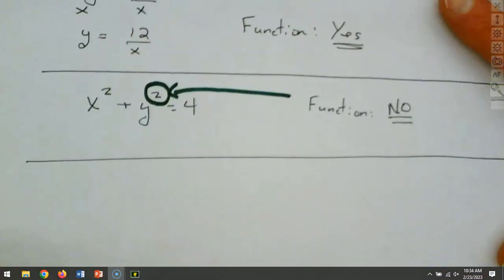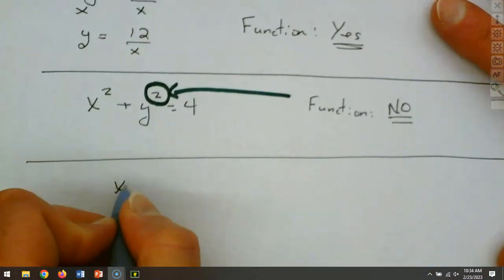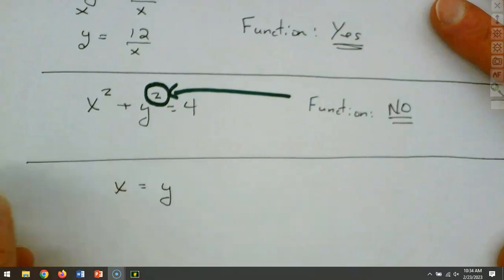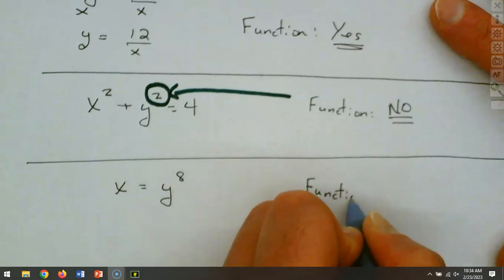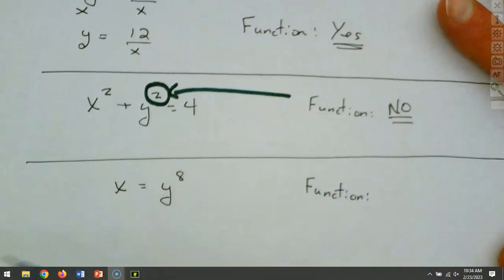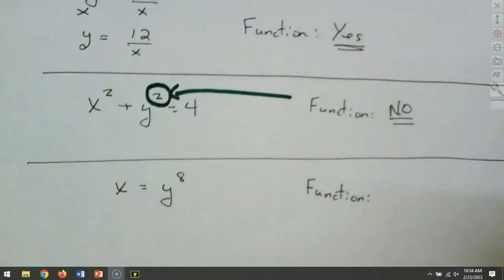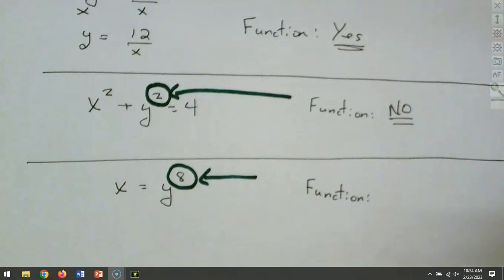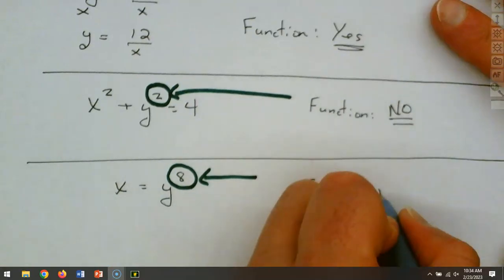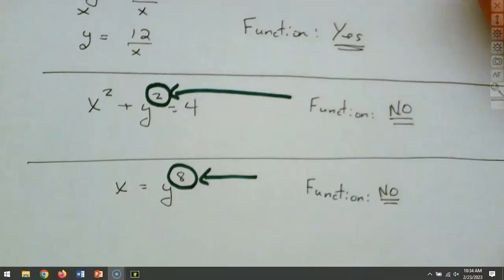Same thing with this one. Is this one a function? Clearly not. Why not? Because of the 8, that power. Any powers on the y, if you have a power on the y, then that makes it not a function. So it's not a function.